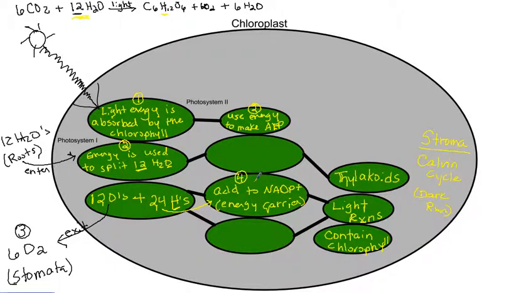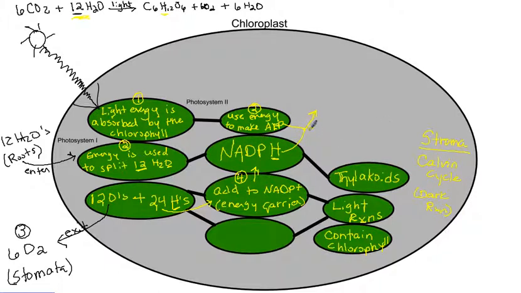Okay, once the hydrogen connects to the NADP+, it becomes NADPH. And there's our hydrogens right there, the H. So once we have our NADPH created, what's going to happen next is our NADPH and our ATP will both come out into the stroma, or as I say, they go to the dark side.